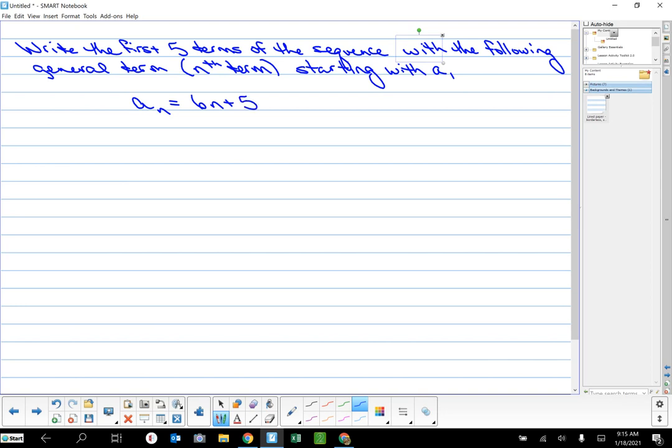The best way to do this is just to make a list. So we have a sub 1, a sub 2, a sub 3, a sub 4, a sub 5. Make an equal sign for each one of those. Then all we're doing is letting n equal the subscript.